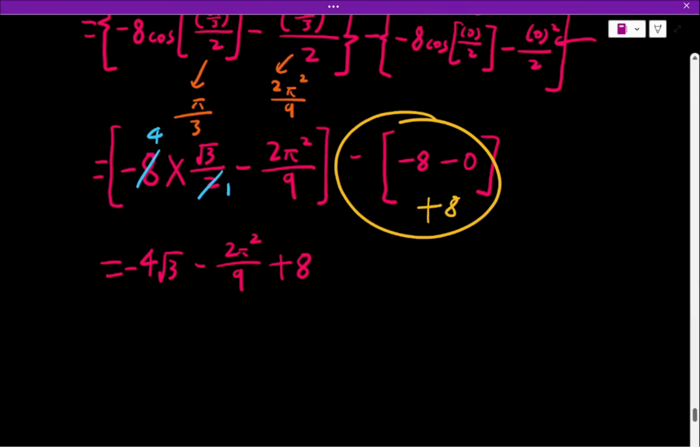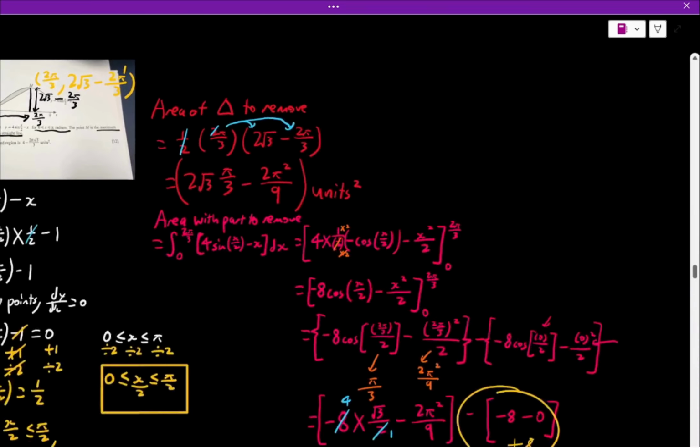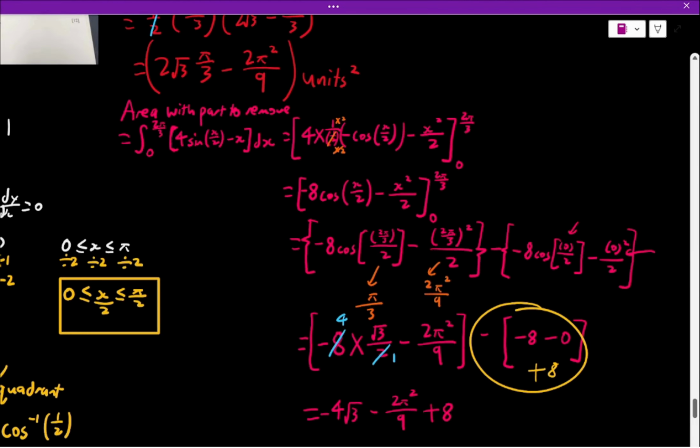Now, this is the area underneath the graph of 4 times sine x over 2 minus x from 0 to 2 pi over 3. But we only want the shaded region. The region to remove, as we have mentioned, is this section right here.